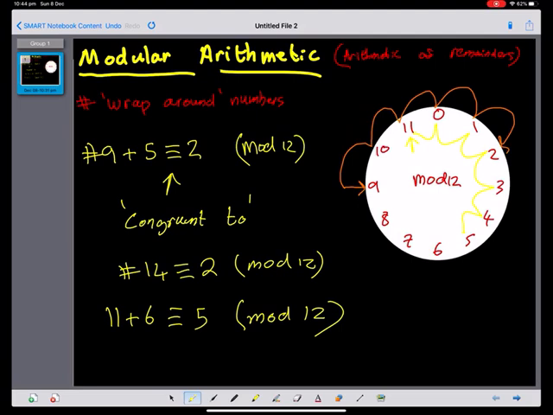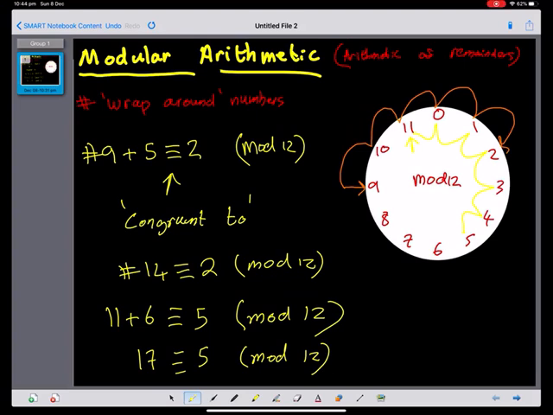We arrive at 5. Another way to look at it is that 17 on division by 12 gives a remainder of 5 mod 12.